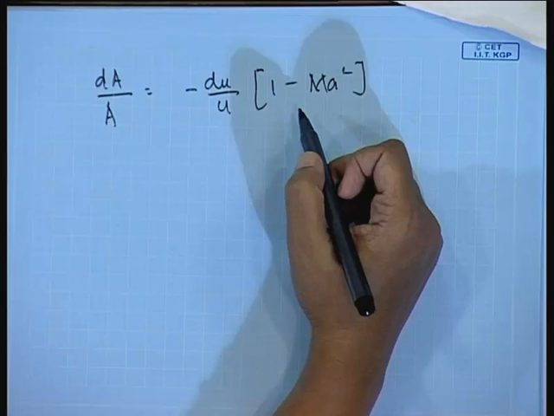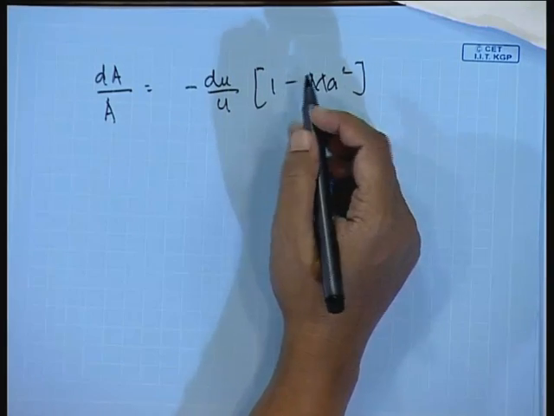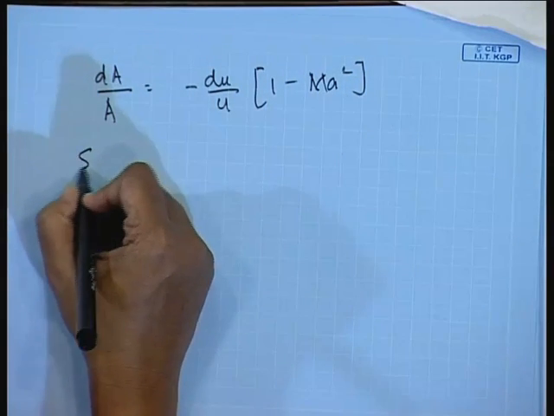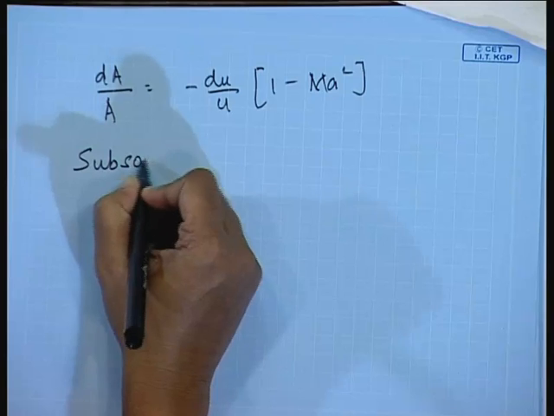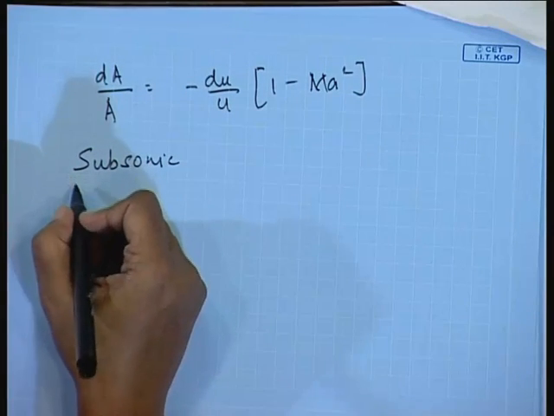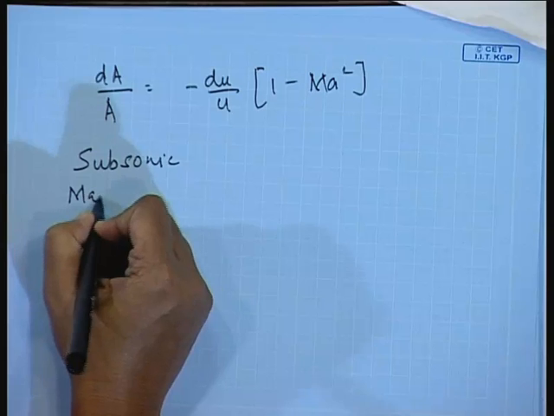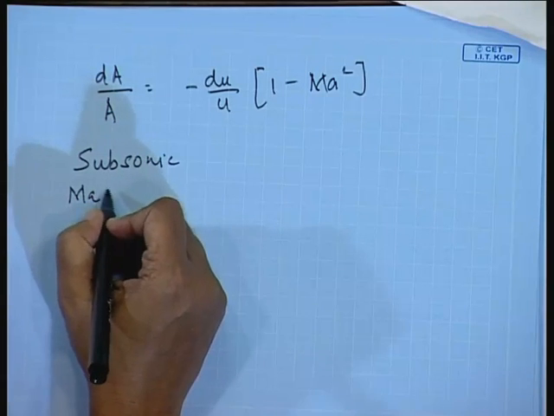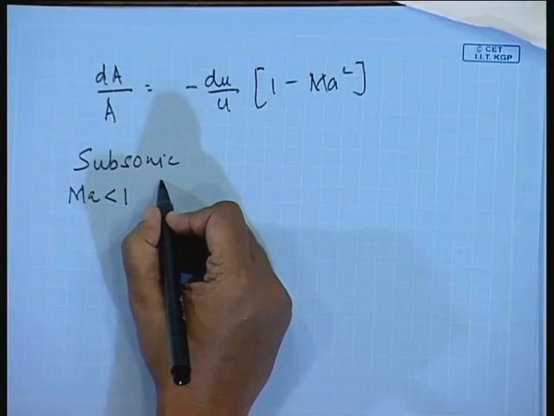So, therefore, from this what do we deduce? We deduce that for the subsonic range, if Mach number is less than 1, then what happens?